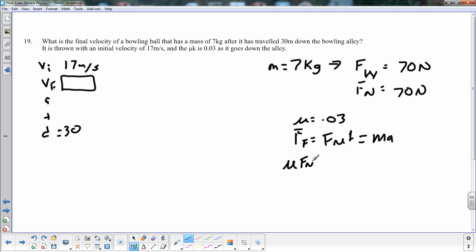That's my frictional force. 2.1 newtons equals my ma, because F net equals ma, and the only thing slowing the ball down, changing the speed, is friction. The bowling ball has a mass of 7, so 2.1 equals 7a, which means the acceleration is 0.3.